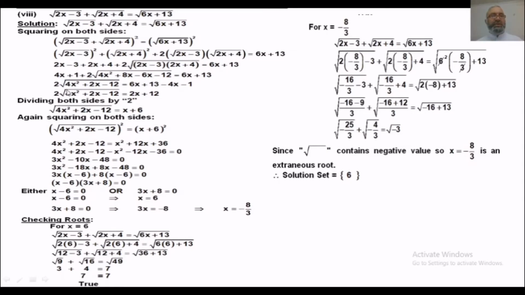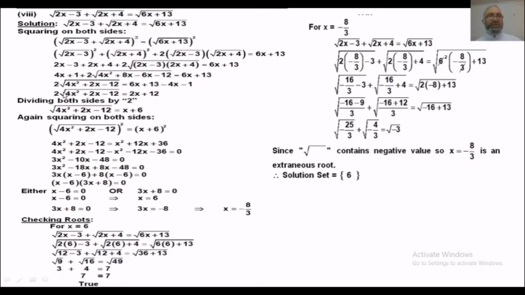So we get 2 into square root of 4x square plus 2x minus 12 is equal to, on the right hand side, 6x plus 13 minus 4x minus 1. So again 2 into square root of 4x square plus 2x minus 12 is equal to 6x minus 4x becomes 2x, and 13 minus 1 becomes 12.